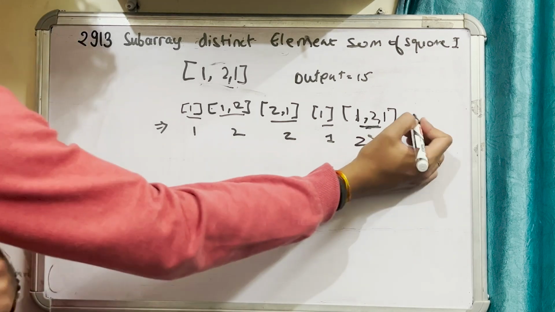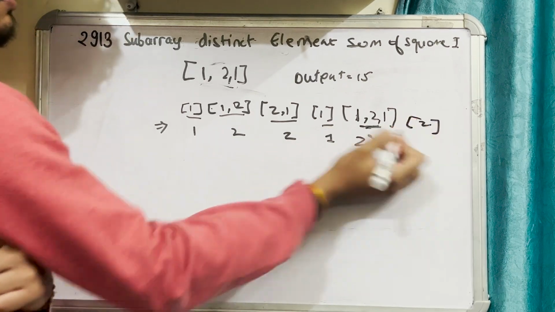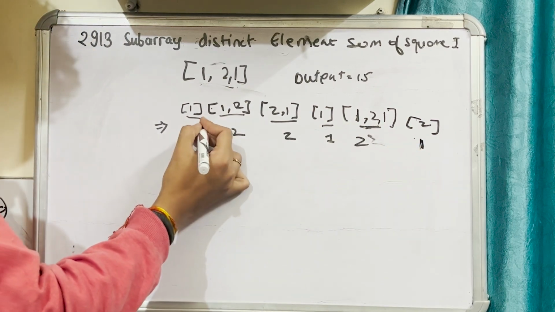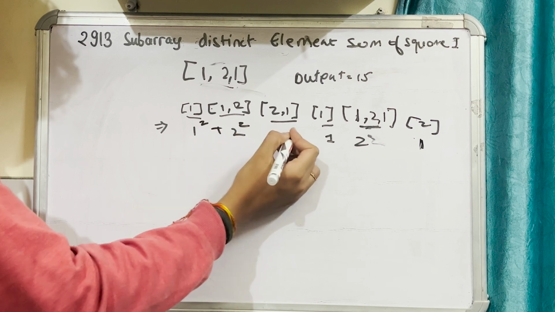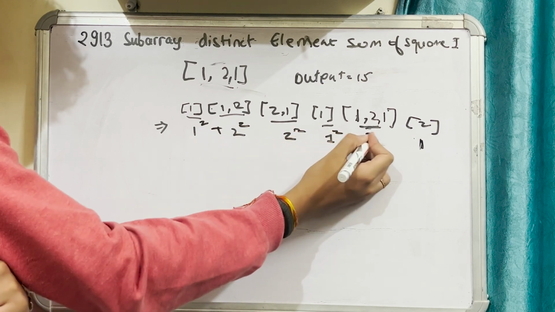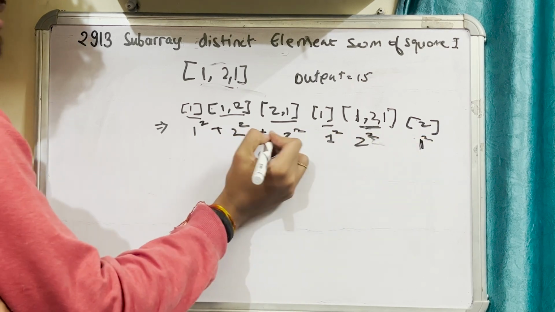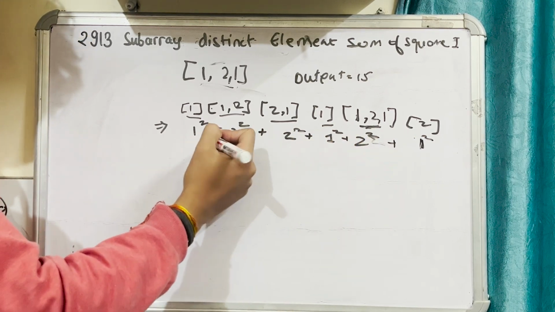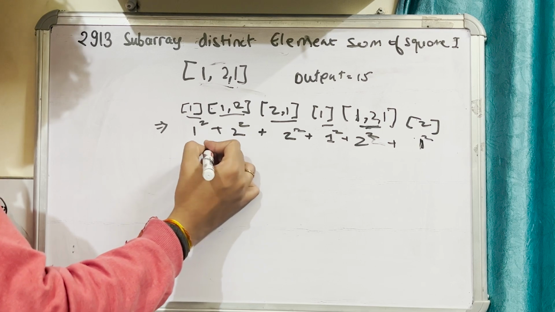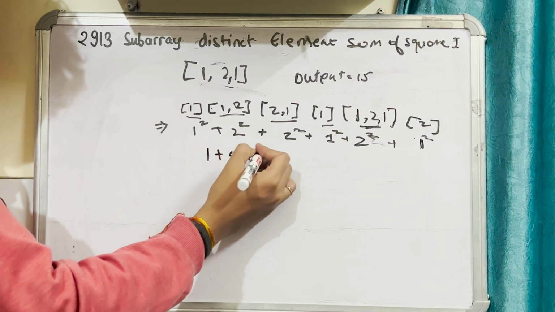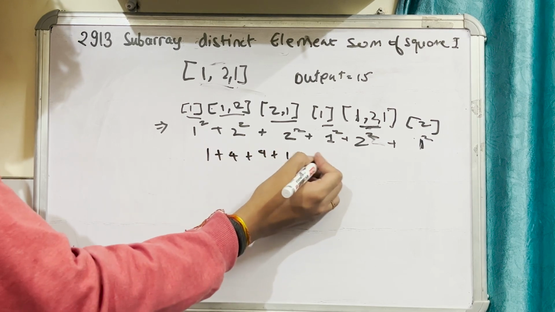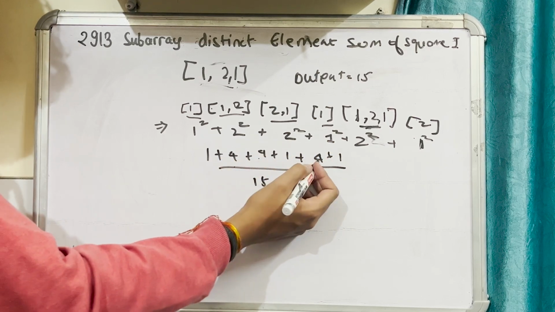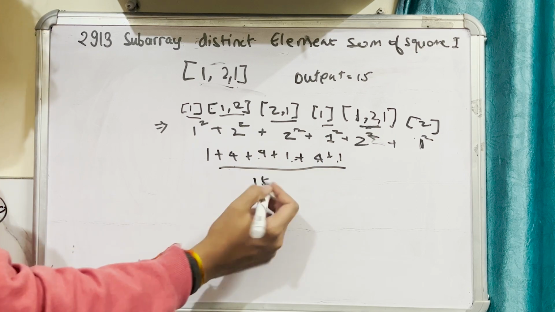There is one more, 2 also, and you have to return the sum of these squares. You do the square, then the sum. Then this answer will be 1 plus 4 plus 4 plus 1 plus 4 plus 1, which will be 15.